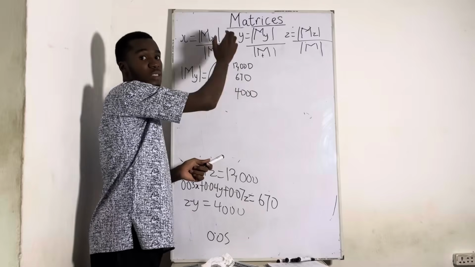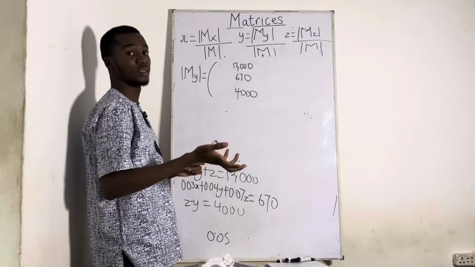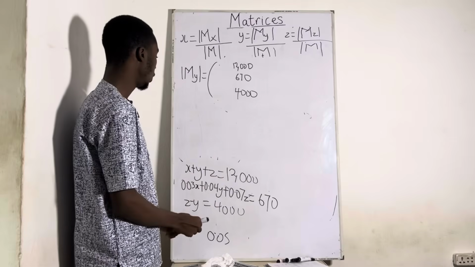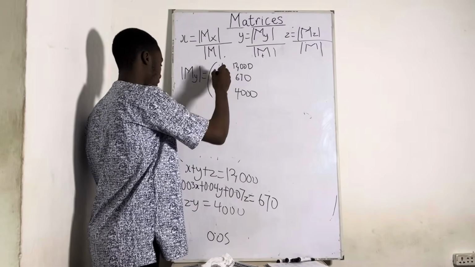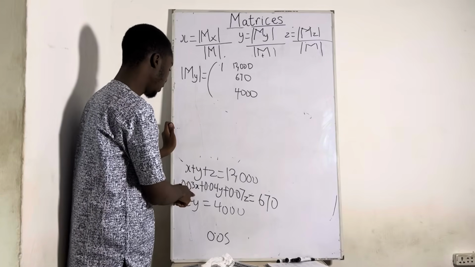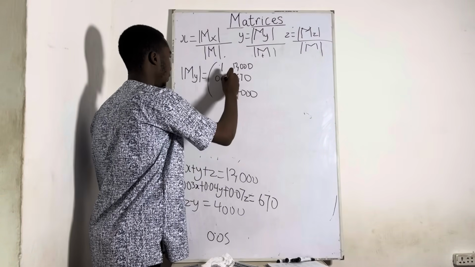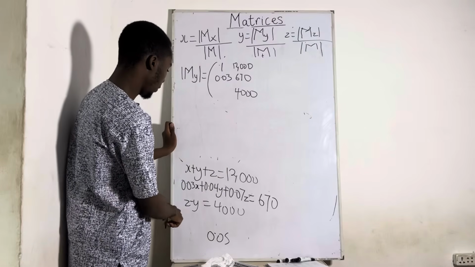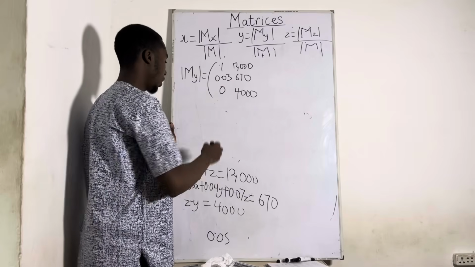Remember our middle part was the Y, you remember. So now the X and the Y values, they are not going to change. It's the same thing here. So our coefficient for X here is 1, which is what we did earlier on. The coefficient for X here in the equation 2 is 0.03. Then for the equation 3, we didn't have any X value. So here is going to be 0. You get it?